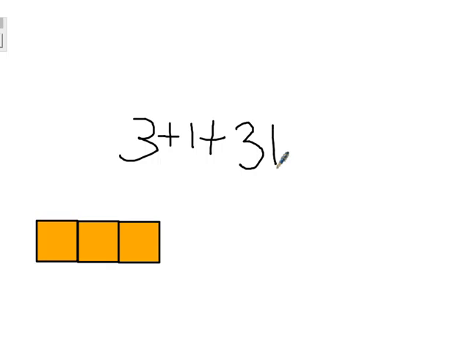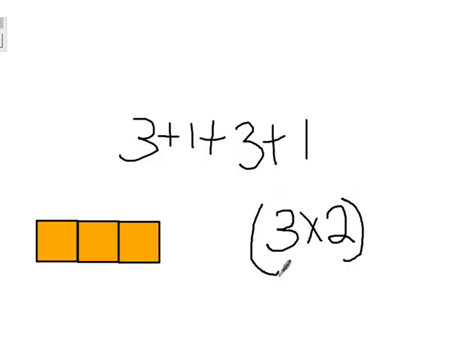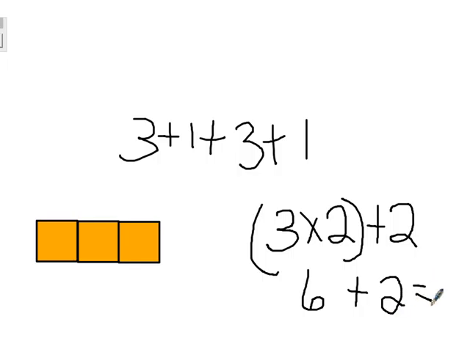3 plus 1. Now, if I look at this again, and I don't want to write all those pluses, I noticed that I really have 3 times 2, and if I do those first, then I can plus 2 more, and I have 6 plus 2 equals 8.